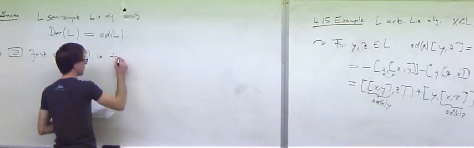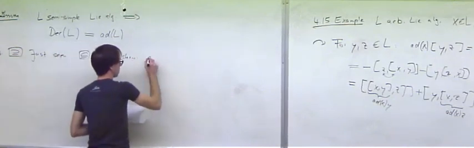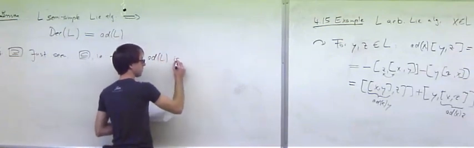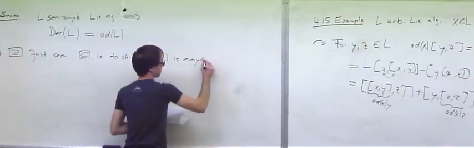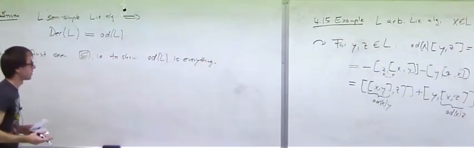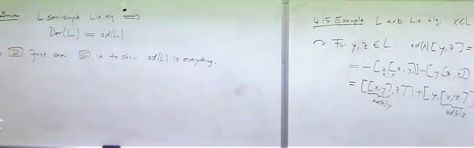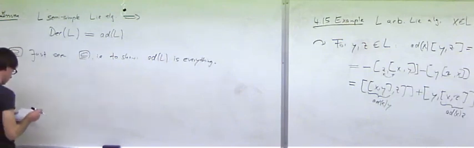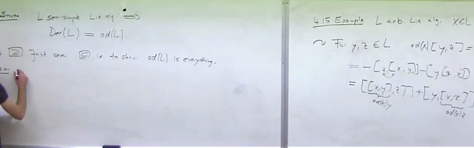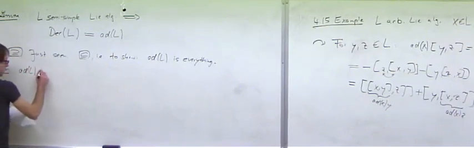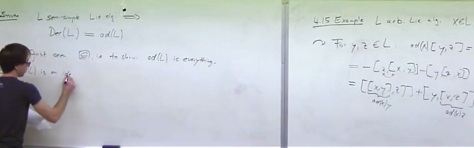We have to show that ad L is everything, to show that there are no further derivations we don't obtain by this construction. Okay, and this is again a slightly longer proof. So I start with the following claim. ad L is an ideal in Der L.